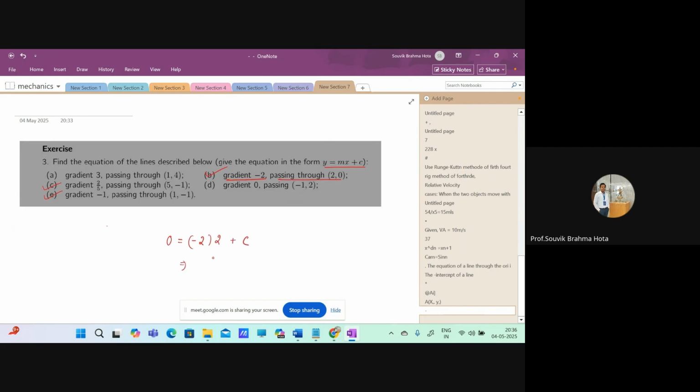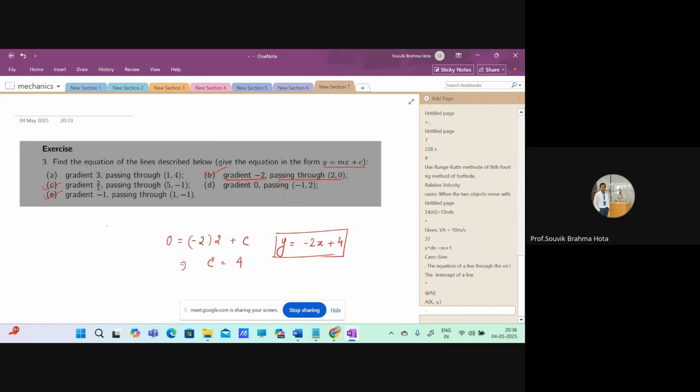Therefore, c is equal to 4, isn't it? Yes. Therefore, in the main equation, y is equal to minus 2 into x, don't write down the value of x, and then plus 4. So it becomes y is equal to minus 2x plus 4.